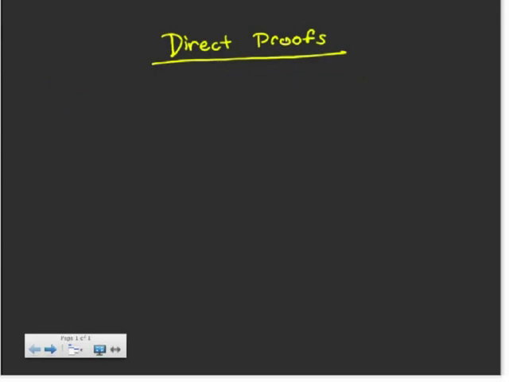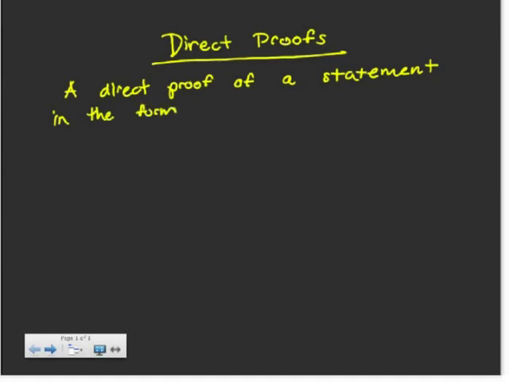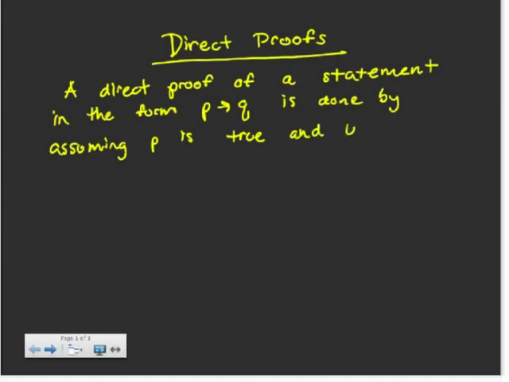So I'm going to give you guys the definition: a direct proof of a statement in the form P implies Q, just like our last example, is done by assuming P is true and using rules of inference.